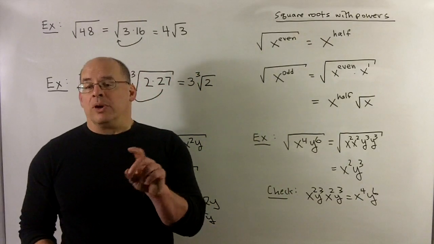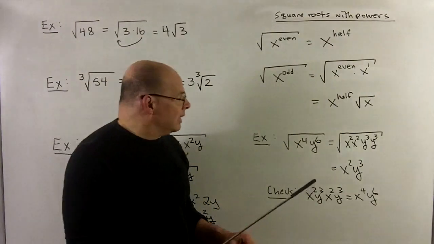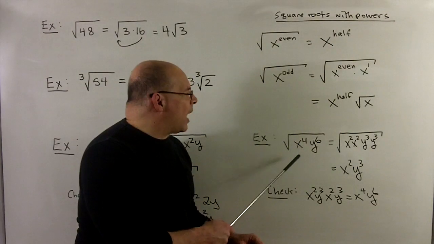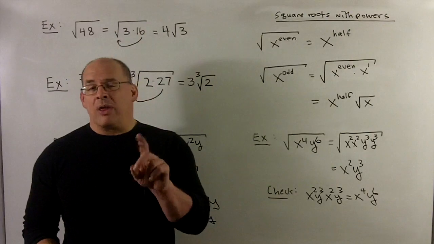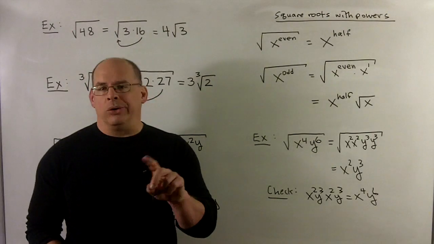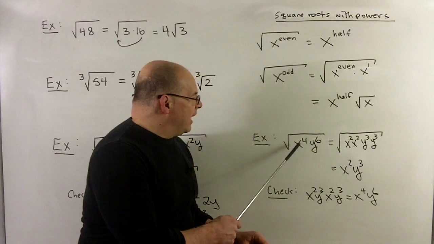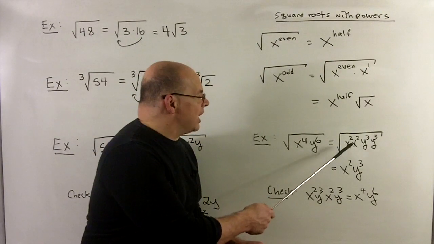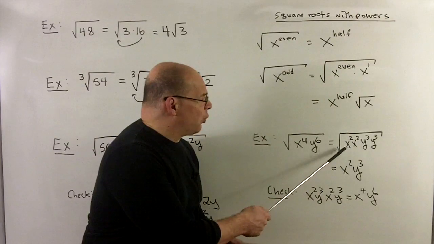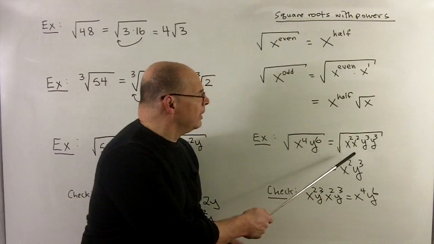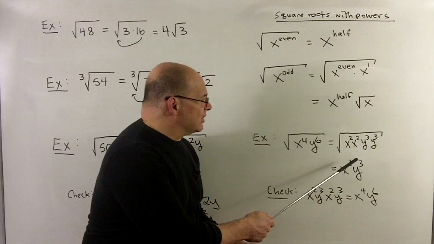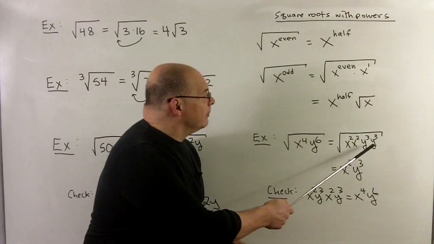Now, for an example where things go cleanly, let's try square root of x to the 4, y to the 6. Rather than going directly to the rule, let's show you the mechanism of the rule. So what we'll do is, I'm going to split the x to the 4 into 2 parts, x squared, x squared. Okay, they add to 4 by our product rule. And then the same thing for the y to the 6. It gives me a y cubed, y cubed.